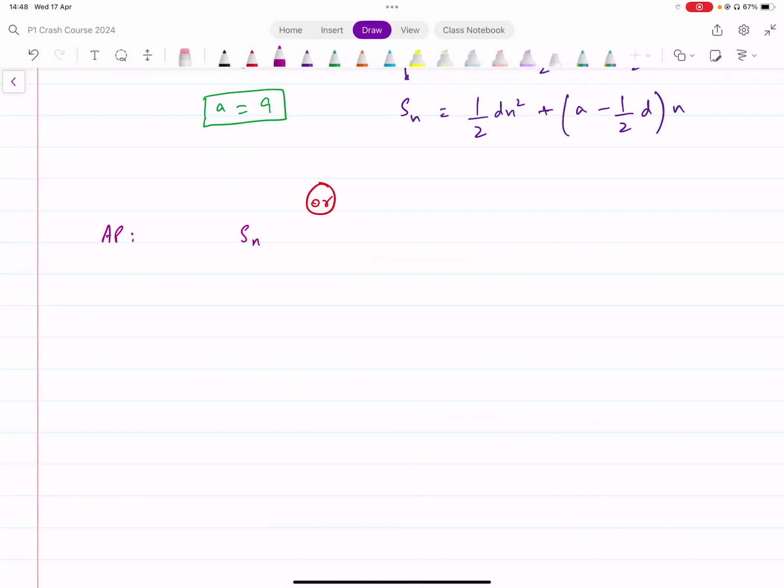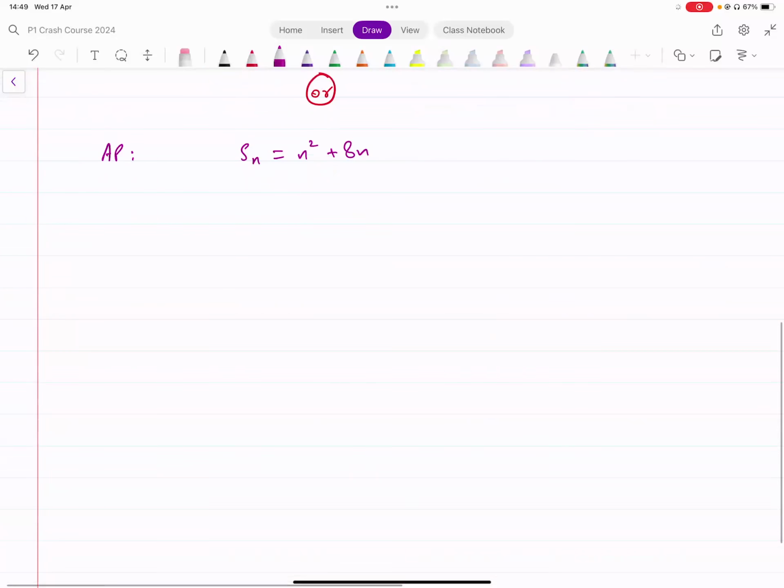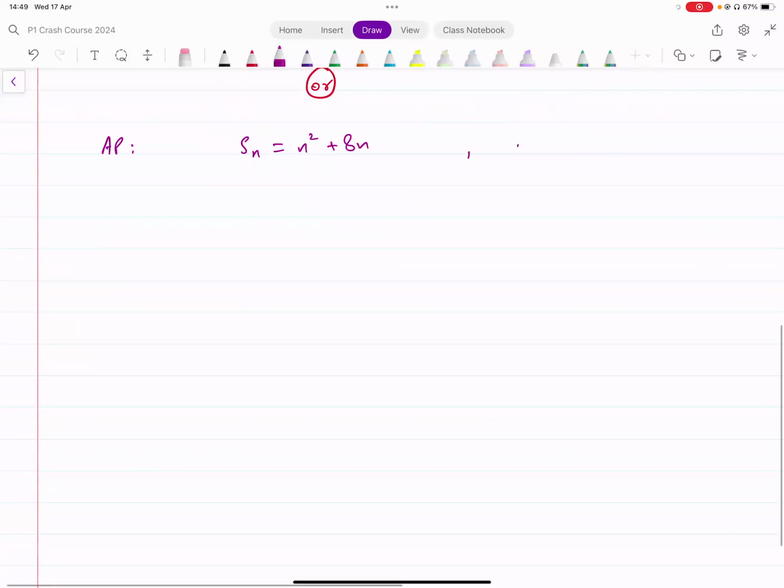And for this arithmetic progression, we know that the sum formula is n squared plus 8 times n. What we are looking for is the first term and the difference.